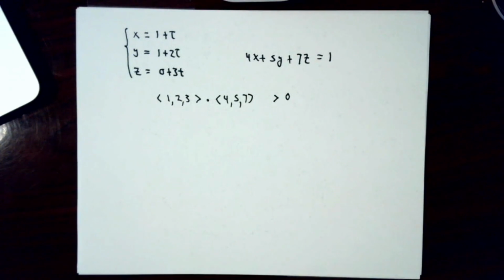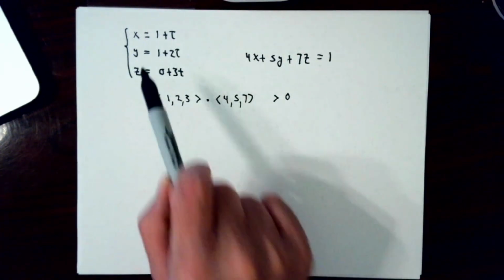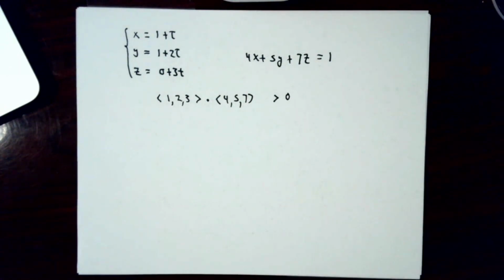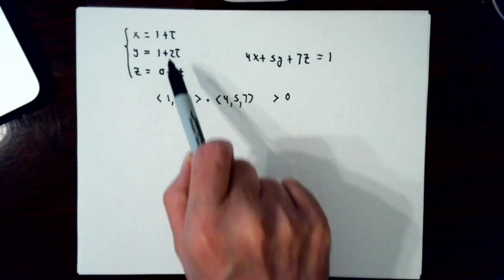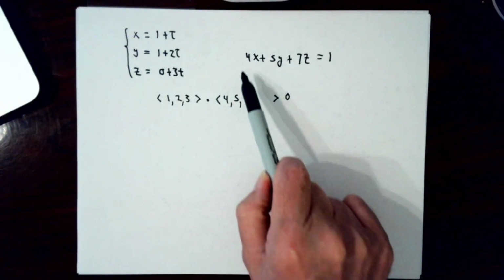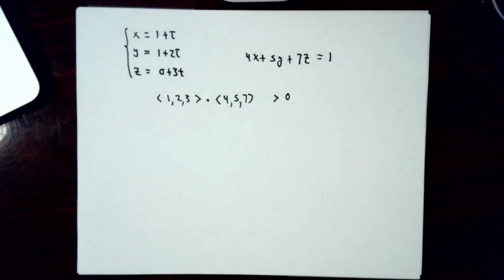As another example, let's think about trying to intersect this straight line with this plane. The components of the direction vector for the straight line are 1, 2, and 3. The right angle direction for the plane is 4, 5, and 7. When I do this dot product, the three things I'm going to be adding up are all positive.